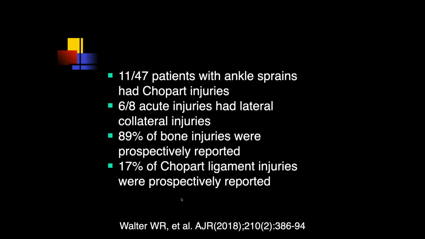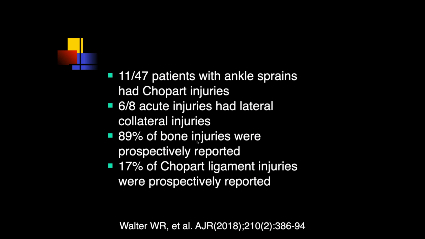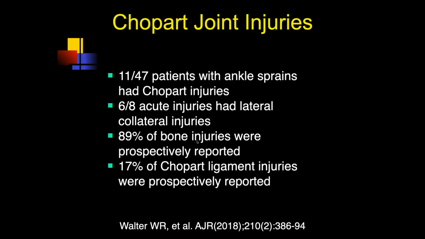The bottom line here, as they're saying, is that radiologists tend to see the anterior talofibular ligament injuries and the bony injuries, but they don't look at these ligaments that are involved with Chopart's joint, and they're commonly missed, and people can go on to chronic pain syndromes because of instability at this particular joint space. So they make a plea to be sure and look at Chopart's joint in patients who have significant inversion injuries of the ankle.